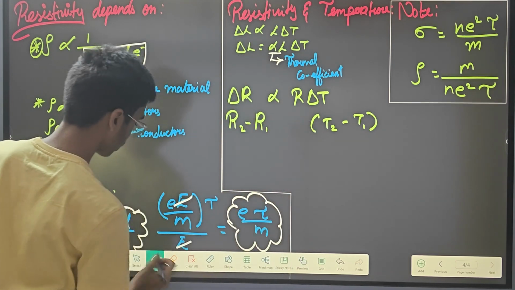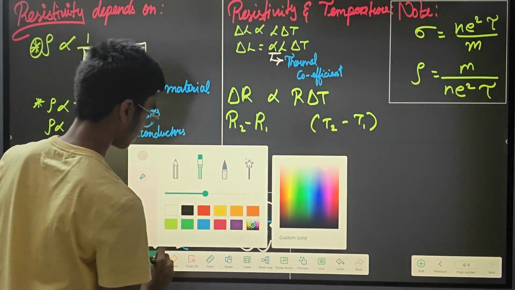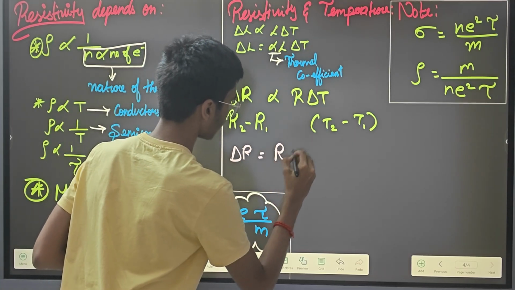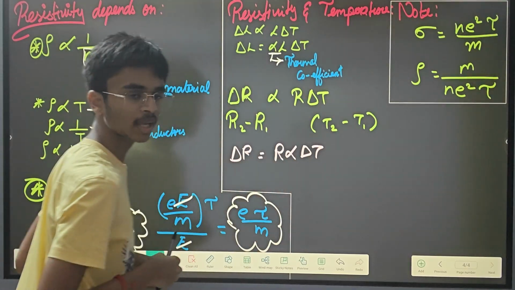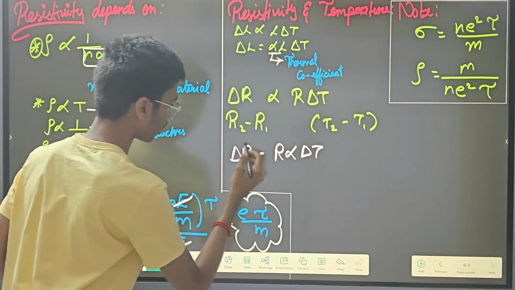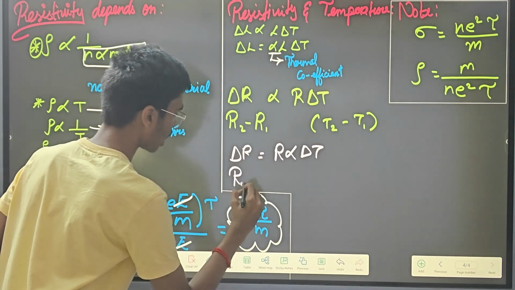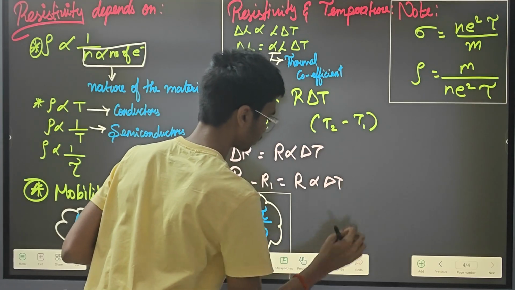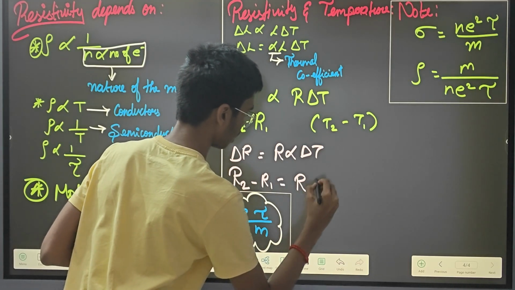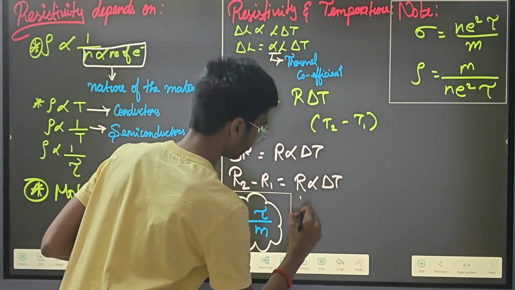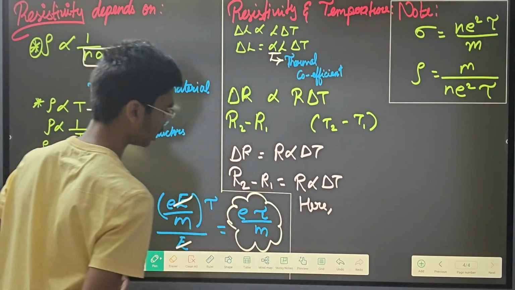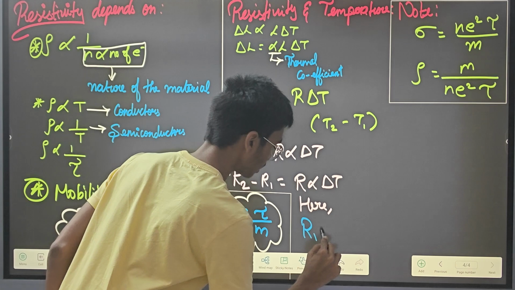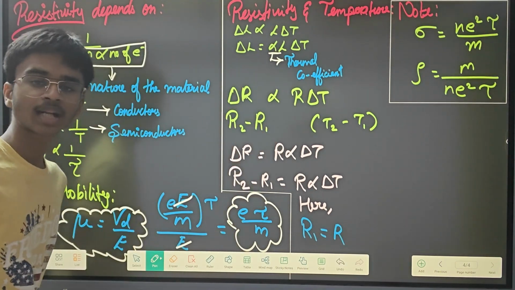In this place I'm going to put the definite formula, del R is equal to R alpha into del T. In place of delta R, I'm going to put R2 minus R1 is equal to R alpha delta T. Here R1 and R are the same.